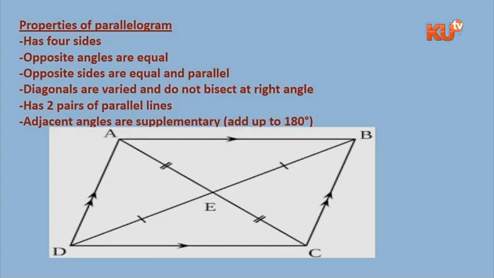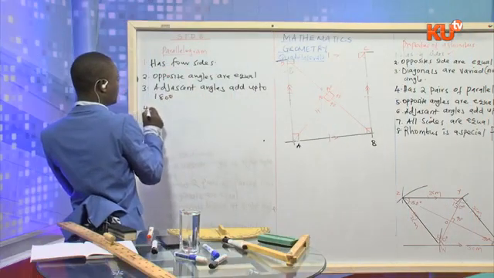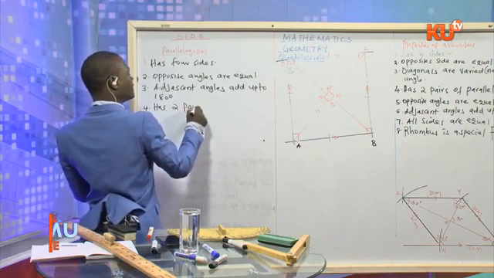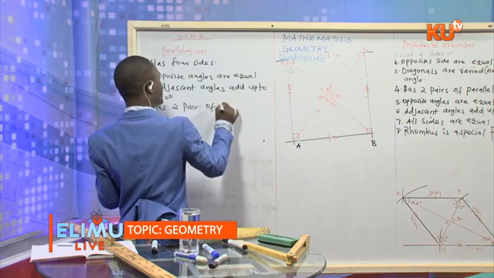Number 3, adjacent angles add up to 180 degrees. Number 4, has two pairs of parallel lines.